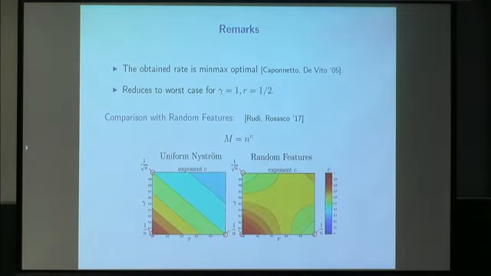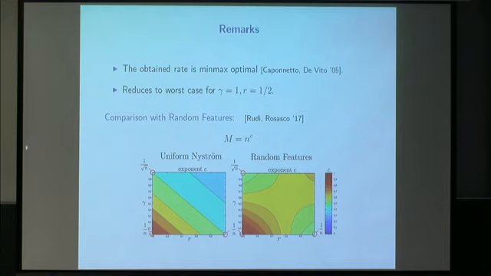If you remember, in Lorenzo's talk we achieved a similar result with random features, and you cannot see the difference in the worst case scenario, but here you can see that you need a number of Nystrom points that is smaller than the number of random features to achieve the optimal learning rate. Indeed, let's assume that we need a number of features that is like n to the c.